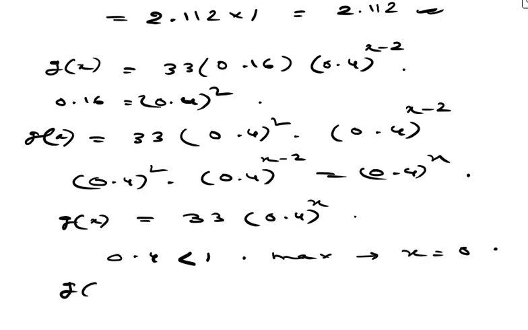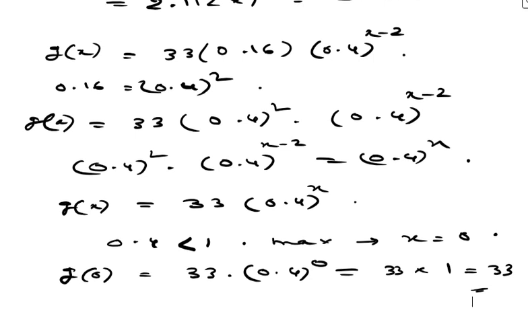So g(0) is equal to 33 times (0.4)^0, that is 33 times 1, equal to 33. Now look at the equation. The coefficient is 33 and the maximum value is 33. So yes, this equation displays its maximum value directly as its coefficient.